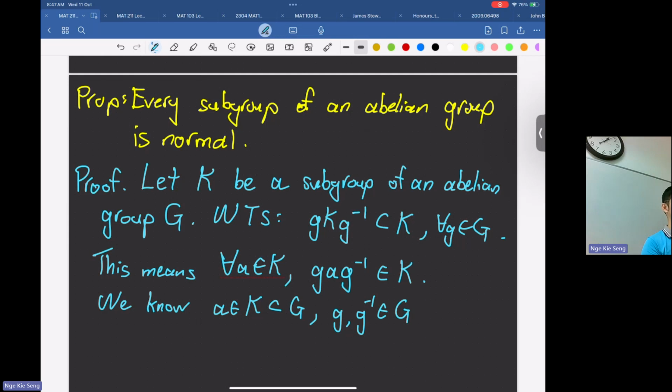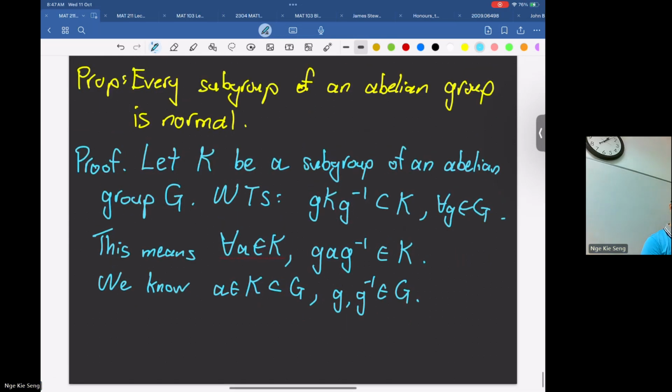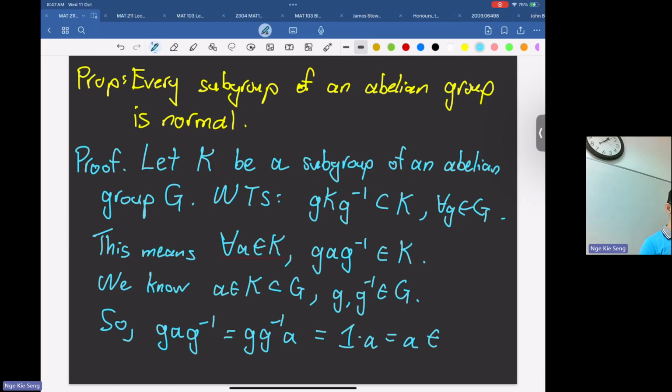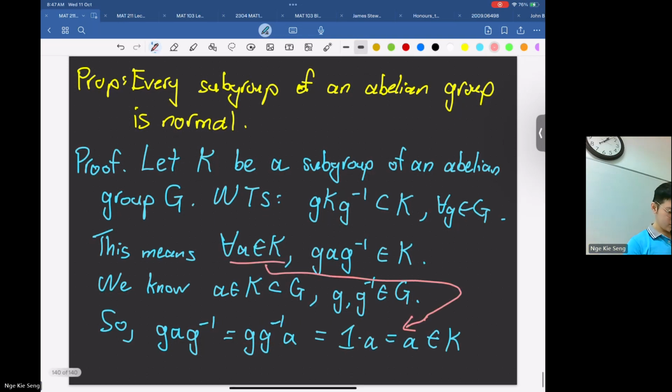Just now we could not commute, but now we can. So g a g inverse equals g g inverse a, which equals identity times a, which is just a. And a is in K by assumption. So every subgroup of an abelian group is normal.